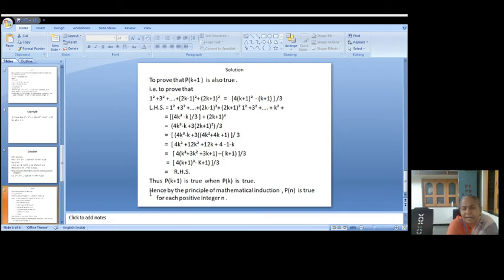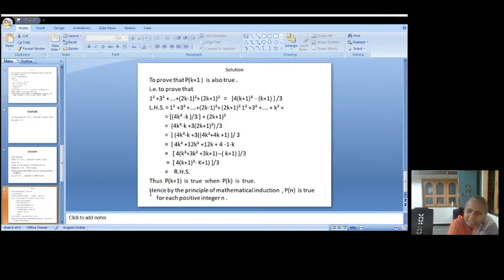Now here we have to take the value in the form of 4 into k plus 1 bracket cube minus k plus 1 is there, and that's why here we are going to write the term as, now here we take 4k cube plus 12k square plus 12k plus 4, this minus k as it is, and here we have taken 1 extra, that's why we have to subtract 1 there.